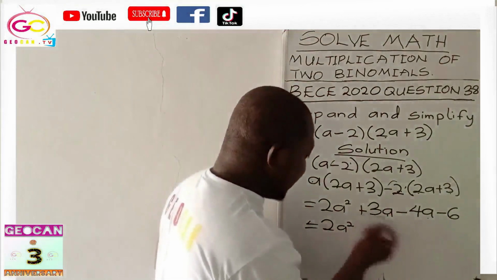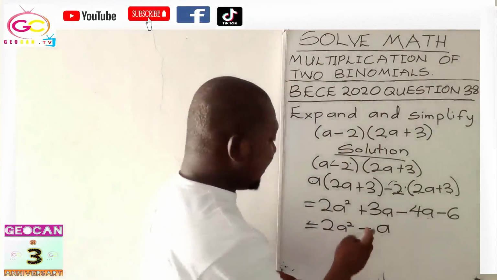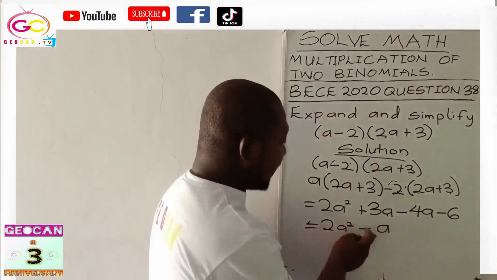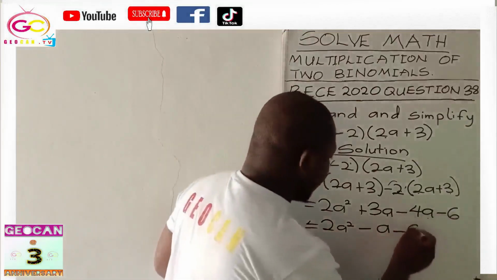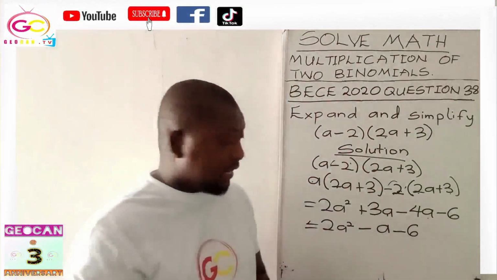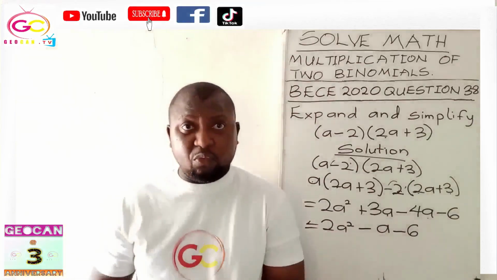So it will be negative a. One may write negative 1a, but it's not needed because anyone that sees a knows that it's 1a. Then minus your 6 over there. Easy as A, B, C, D. So our answer is 2a squared minus a minus 6. I believe you get it.